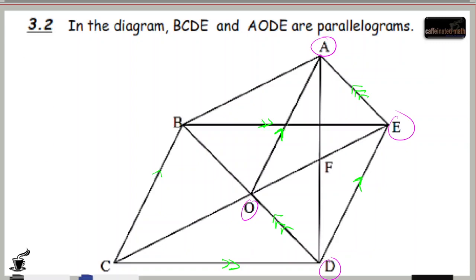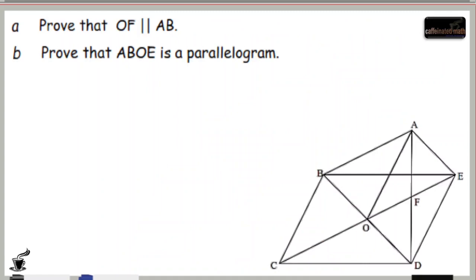Let's see what they want in terms of questions. Let's see if we can get our markings back. Right, so we know that that line is parallel to that line, and then obviously let's give the triple arrow to the longer sides.